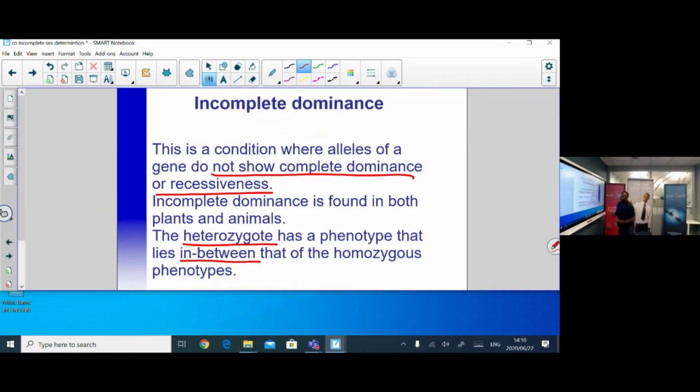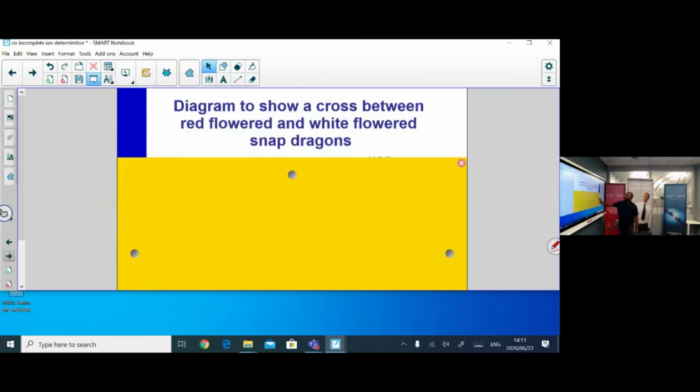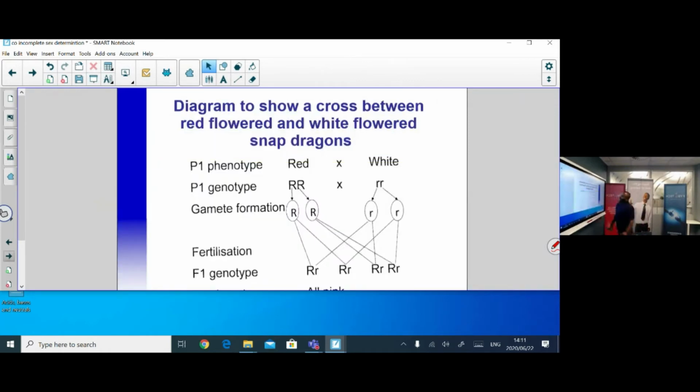It lies between the homozygous phenotypes of its parents. We gave an example of pink flowers, and we're going to work an example again today. We did work this example, pink and white, and I emphasize the need to still maintain the use of the same letter. Neither dominance nor recessiveness.